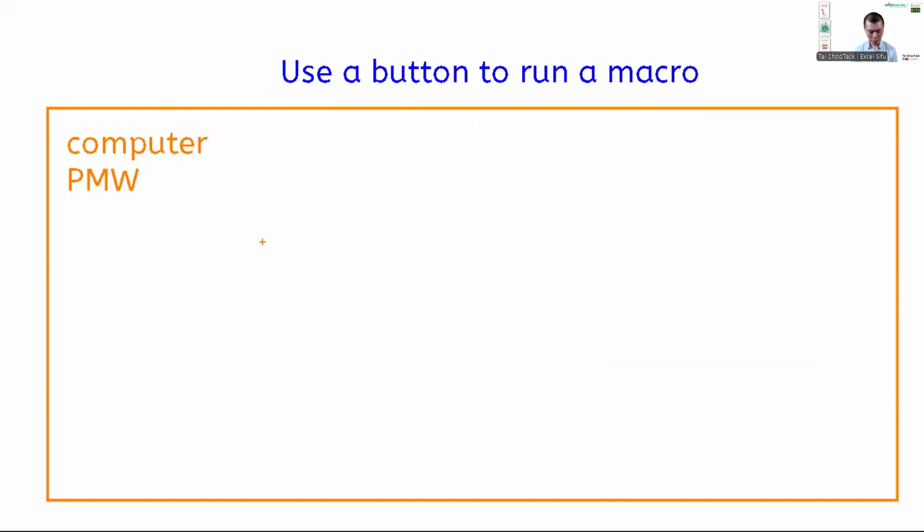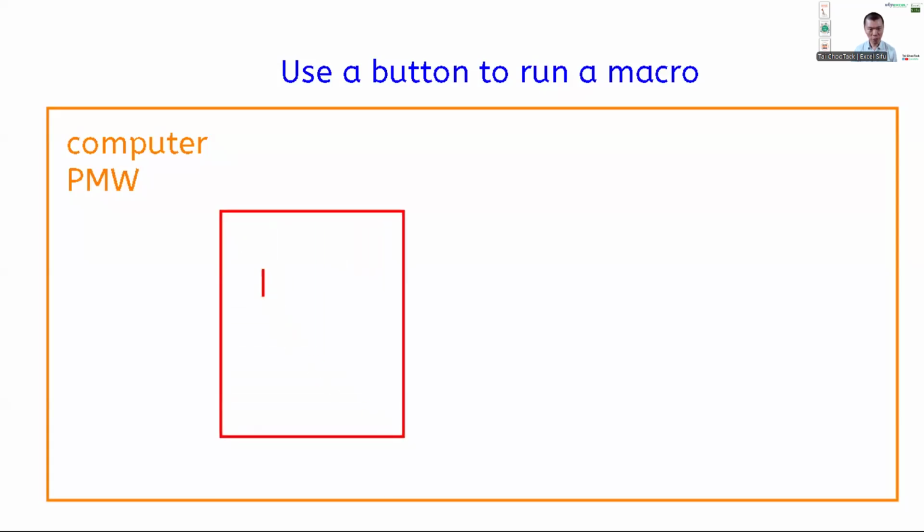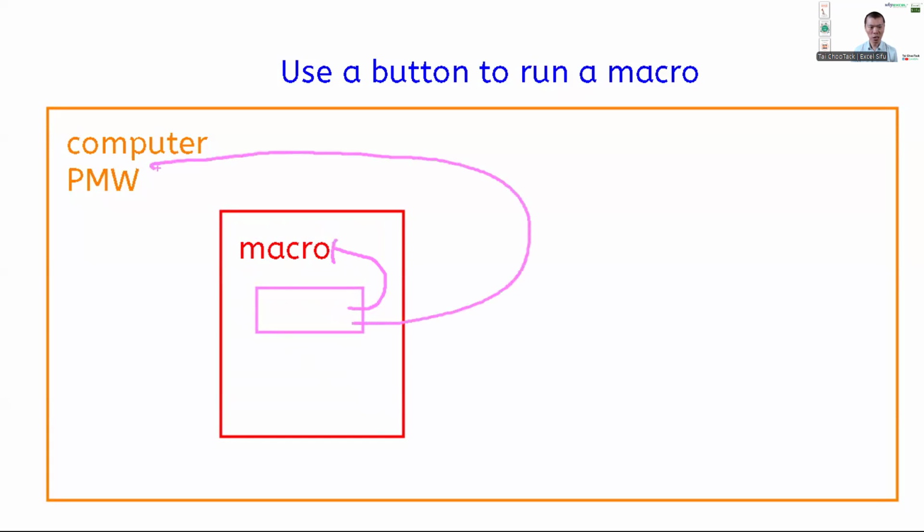And I may have my own file. My own file also has its own macro. So the question is, I want to have a button inside this file. The button could refer to the macro within the same file, or it could refer to the personal macro workbook.